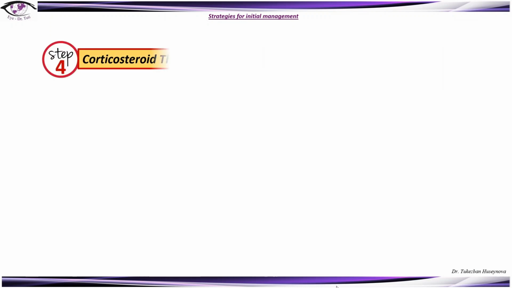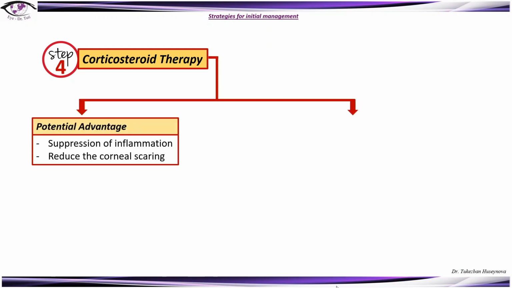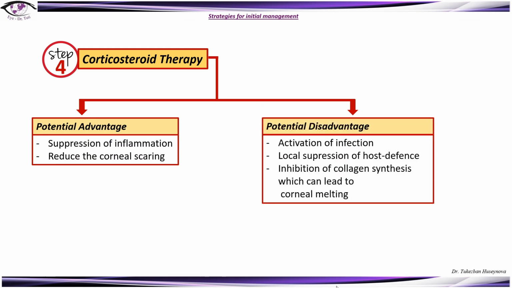The fourth step is corticosteroid therapy. The effectiveness of steroids for bacterial keratitis remains unclear. The objective in topical corticosteroid therapy is to use the minimum amount of steroid required to achieve control of inflammation. There are, of course, potential advantages and disadvantages. The potential advantages are that it suppresses inflammation and reduces corneal scarring.